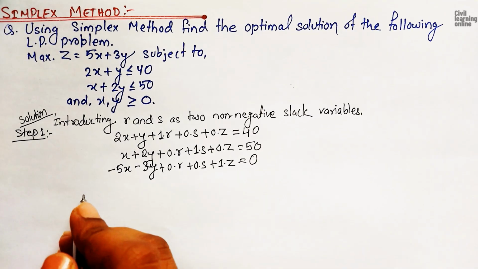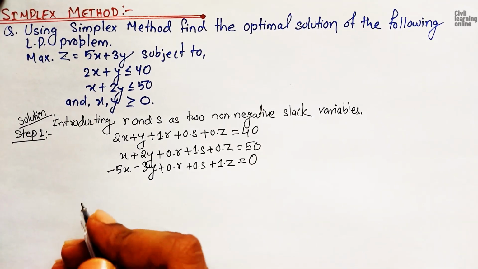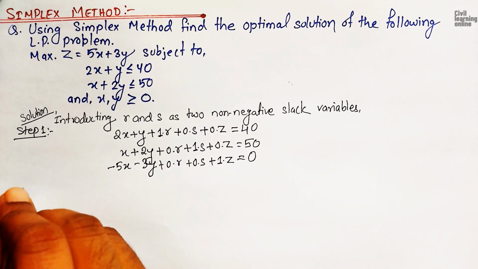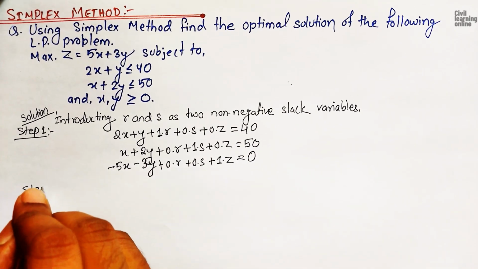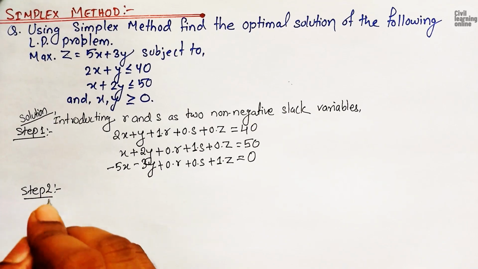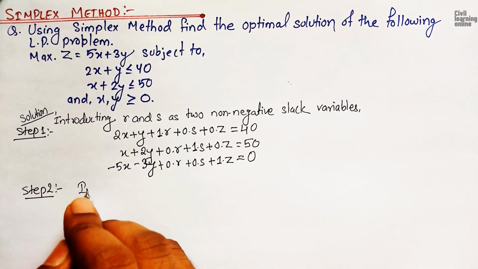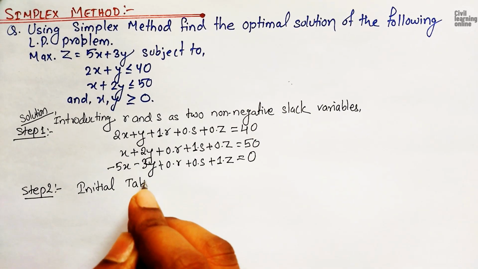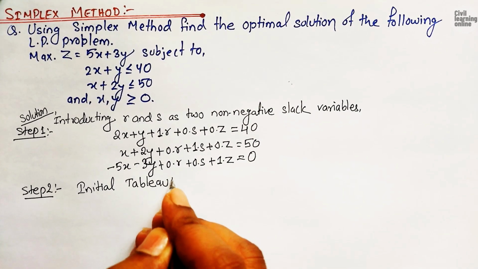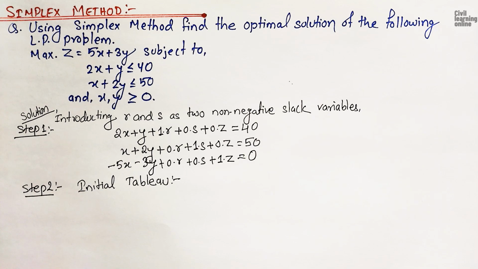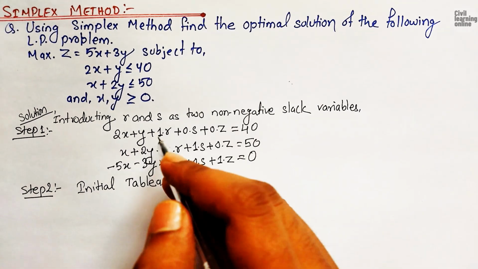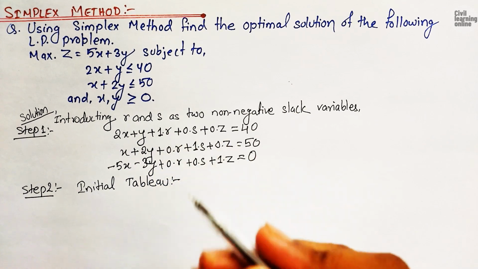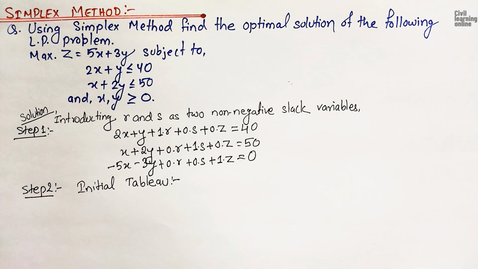In step 2 we will need to construct the initial tableau. So I am going to write here step 2, and in step 2 I need to draw the initial tableau. How will I draw the initial tableau? See here, we have to note down the variables first, one by one. Let me show you. I need a ruler here.